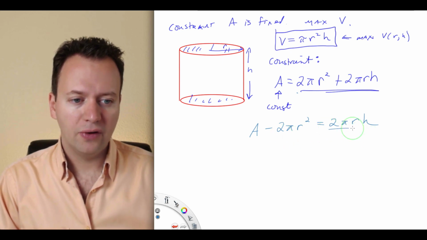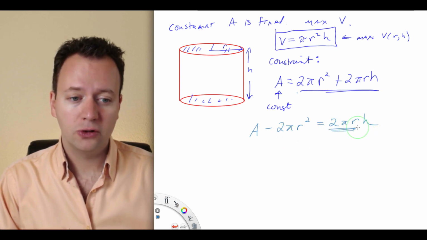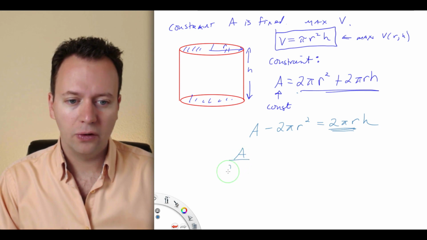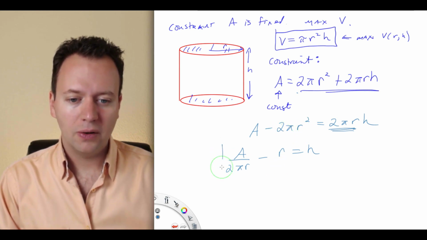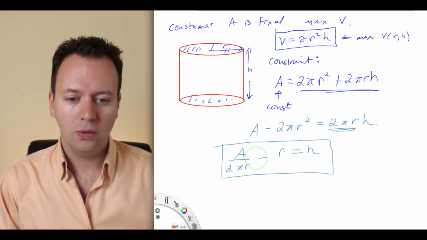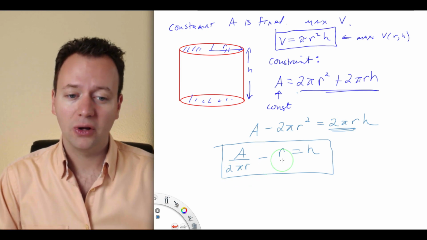Okay, now I'm going to divide out by the coefficient of h, 2 pi r. So I have A over 2 pi r minus 2 pi r squared divided by 2 pi r. That's minus r. 2 pi r squared divided by 2 pi r is just equal to r. So h is going to equal A over 2 pi r minus r.